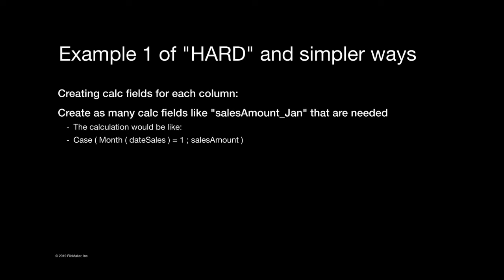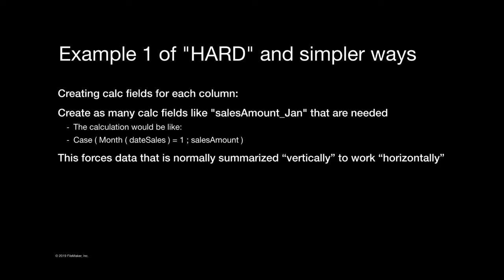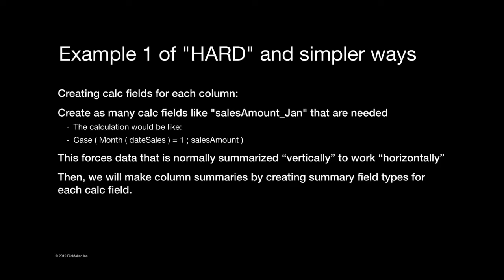Then we need to create 12 fields, January to December. It's like putting something vertical to horizontal by force. Then we make column summaries by creating summary fields for each calculation field.